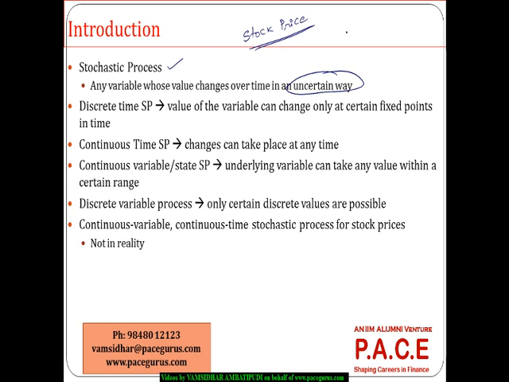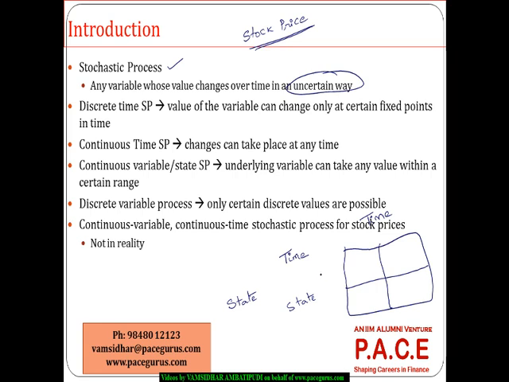Now, there are four major types of stochastic processes. I can look at two on the time dimension and two on the state dimension. So let me form a box like this: this is the time dimension and this is the state dimension.